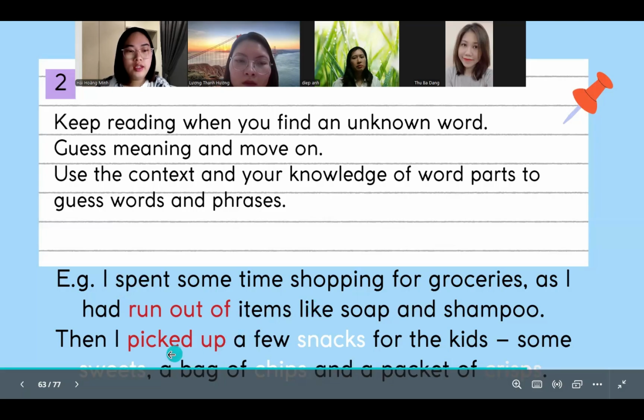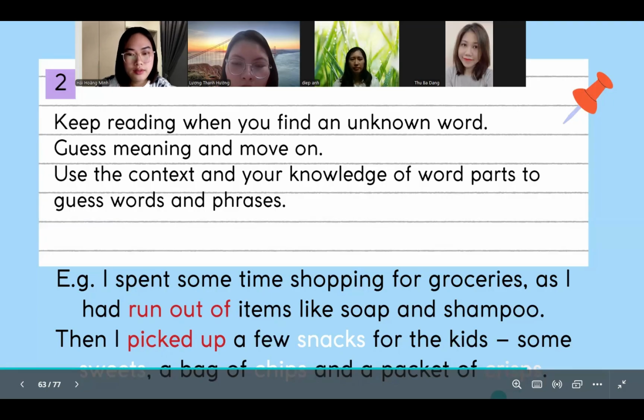So they try to pick up other items like snacks for the kids, right? So we can easily know that run out of has the same meaning as have no more items like soap and shampoo.